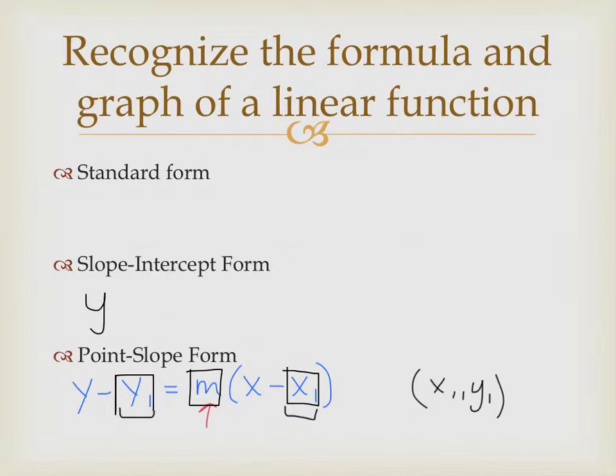Now this equation is nice if you're given a graph, let's say, and you can clearly see the y-intercept of the line that you're looking at. Or if they just give you the y-intercept, you can write this equation of the line that you're dealing with. However, only if you have the y-intercept can you use slope-intercept form.